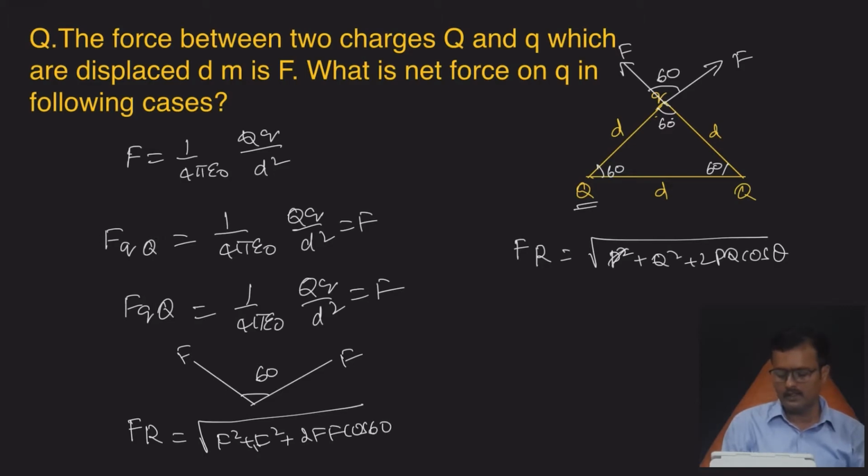Cos 60 is 1 by 2, the 2 cancels, F into F is F square, plus F square plus F square, that is 3F square, which is equal to root 3 times F. So the resultant is root 3 F. The resultant vector is the diagonal of the parallelogram, so this is the direction.